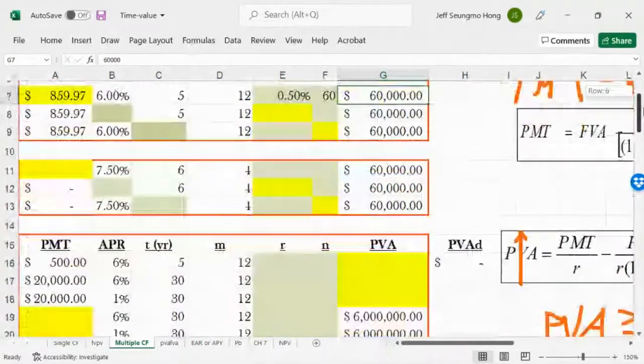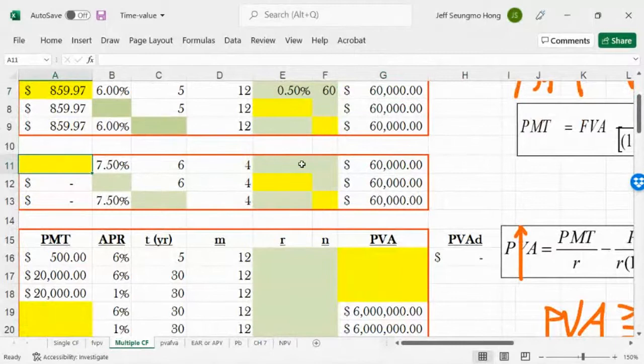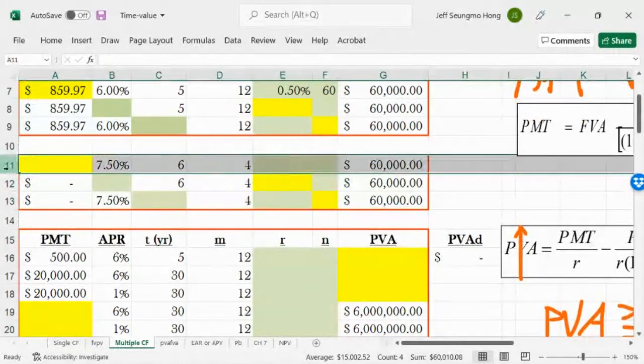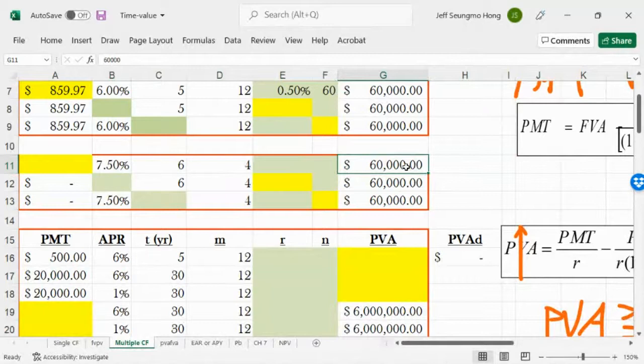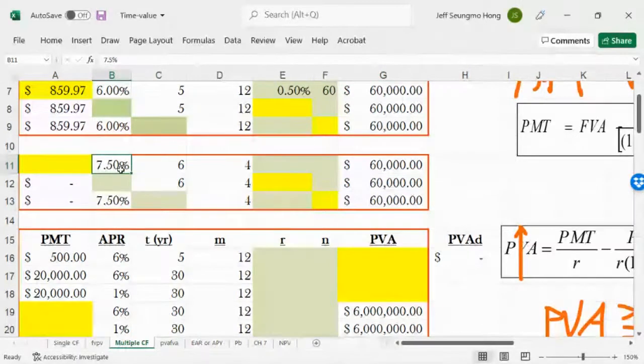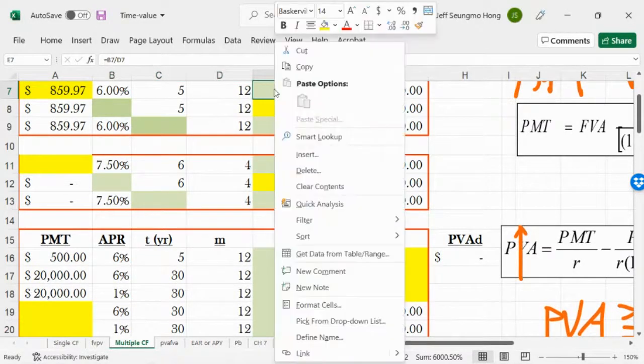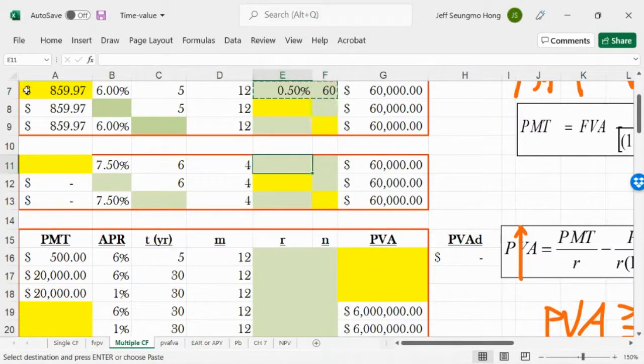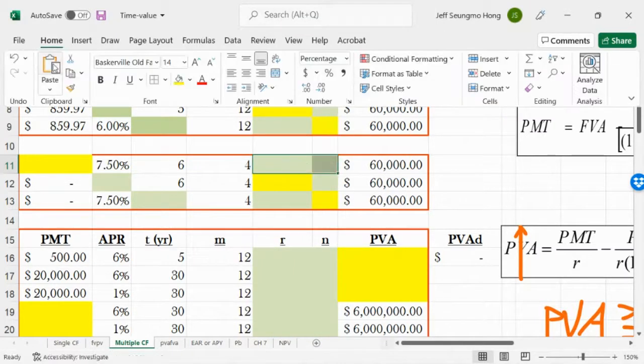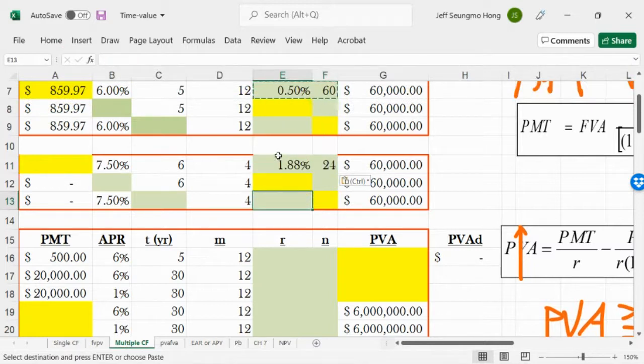So let's try another one. Row 11 is 60K, the same target future value, but the APR is 7.5%, 6 years, and quarterly compounding. So what do we do? First, we'll need to have this filled in. The quarterly rate is 1.88% at 24 quarters.